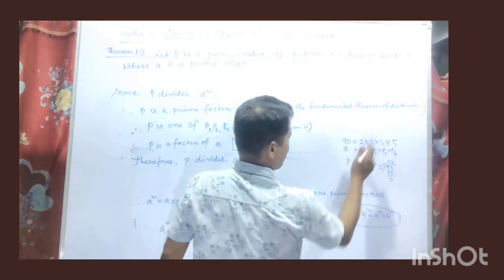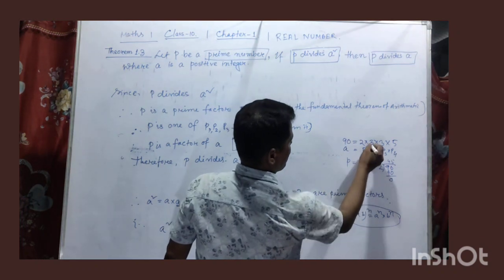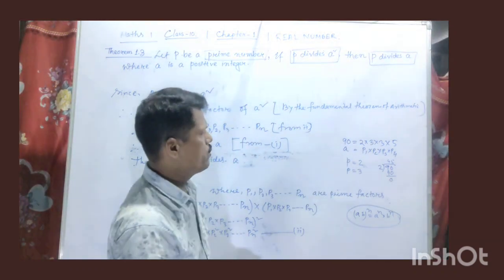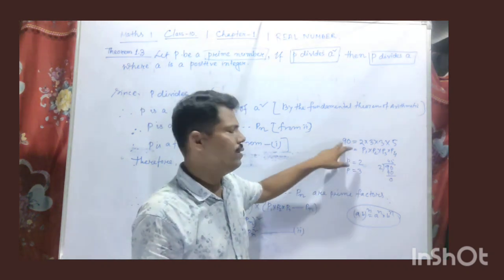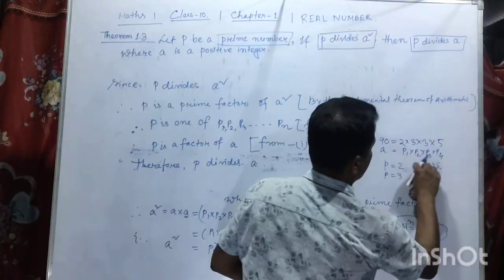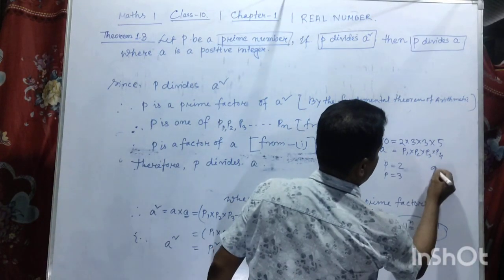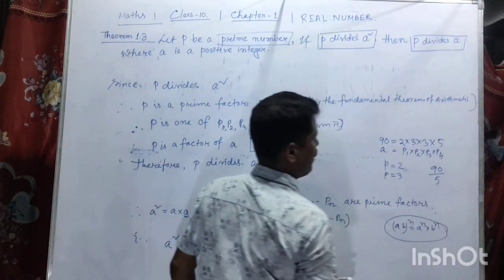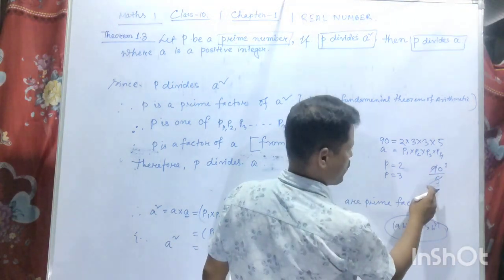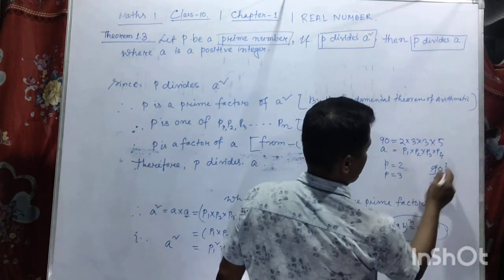And if we take p3, then 90 is completely divisible by 3, and it will be 30 times. In the same way, if we divide 90 by 5, then this one is also completely divisible, 18 times.